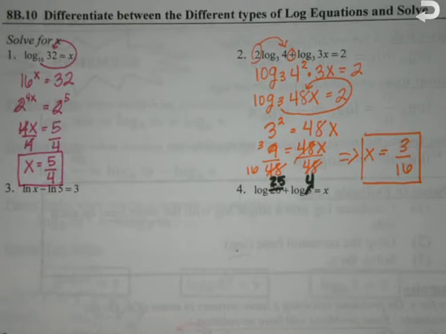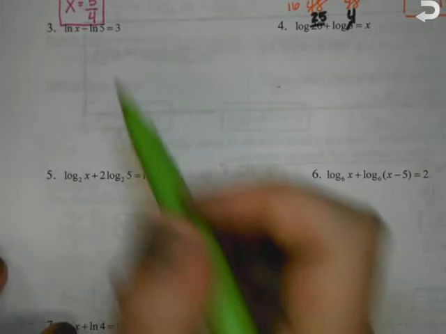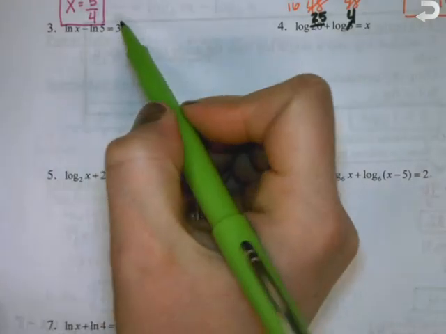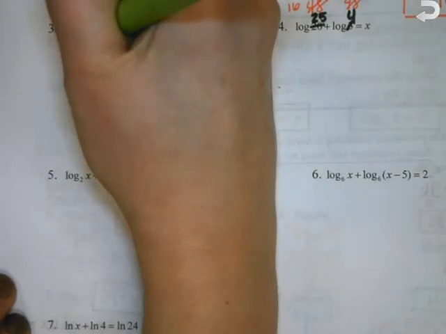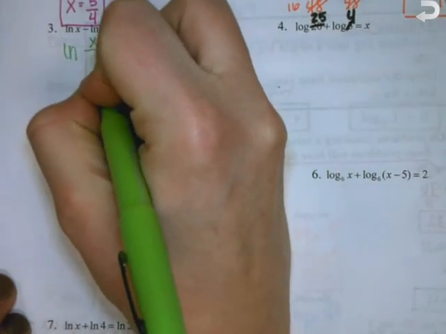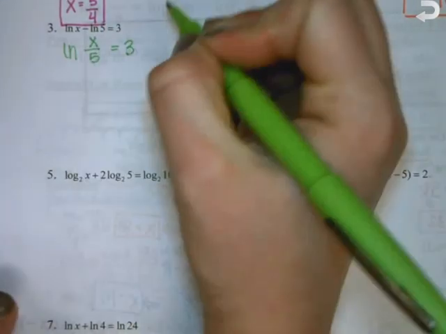You guys can help me out for number 3. What do I need to do first? Natural log of x minus natural log of 5 equals 3. Any tips? Suggestions? Quotient rule. So that is natural log of x over 5 equals 3, right? Okay.